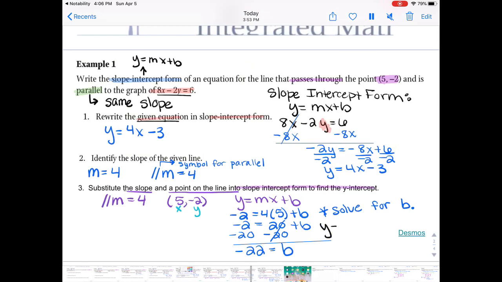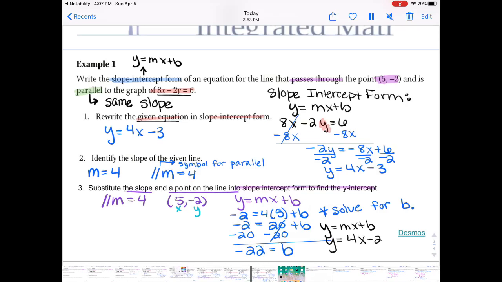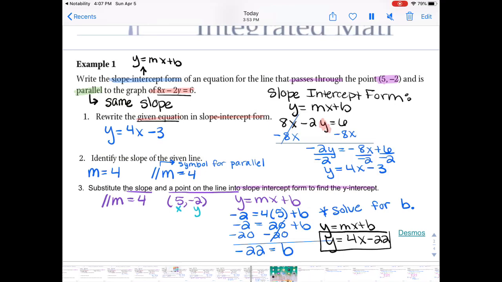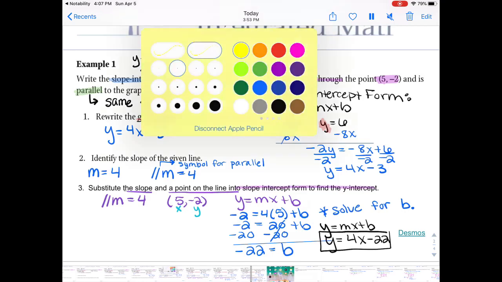So we would say y equals mx plus b. So y equals, we knew the parallel slope was 4x and the b value was negative 22 because we just solved for b. So this is the equation that is parallel to our given line that passes through the point (5, -2).